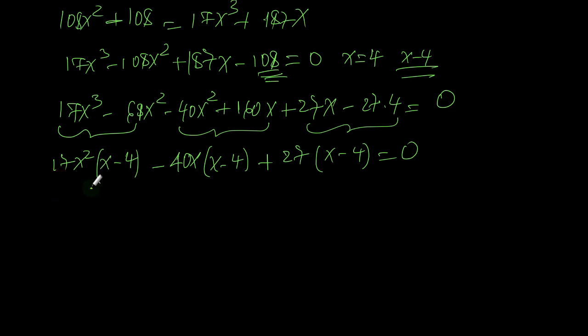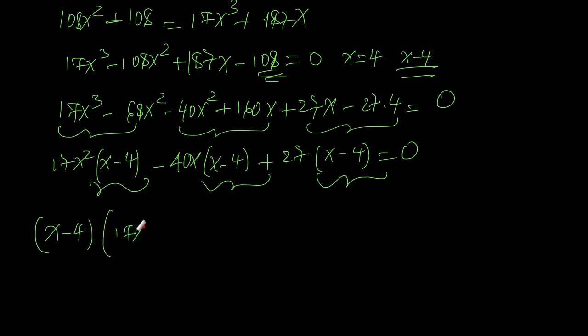Now we have a common term here, so we can factor this, which is x minus 4, which multiplies 17x squared minus 40x plus 27, and this equals 0.